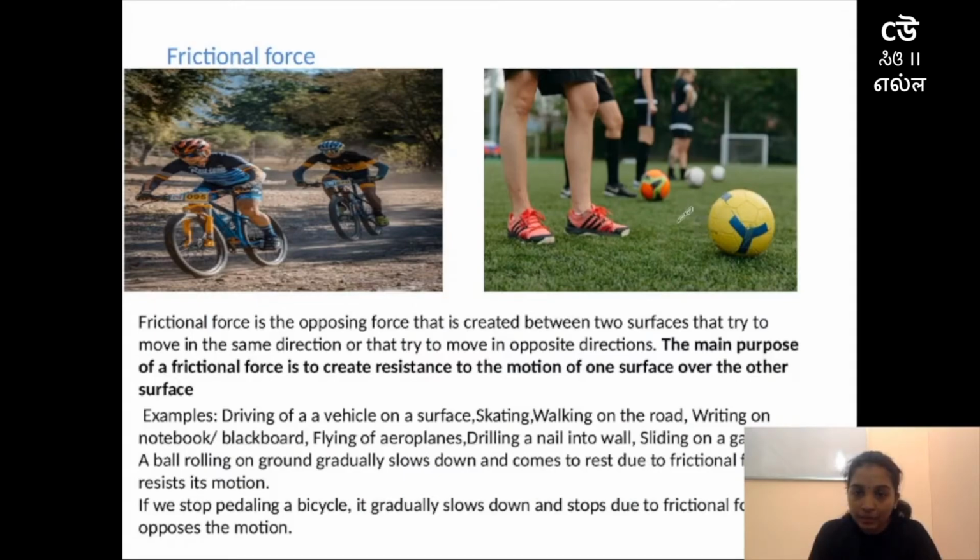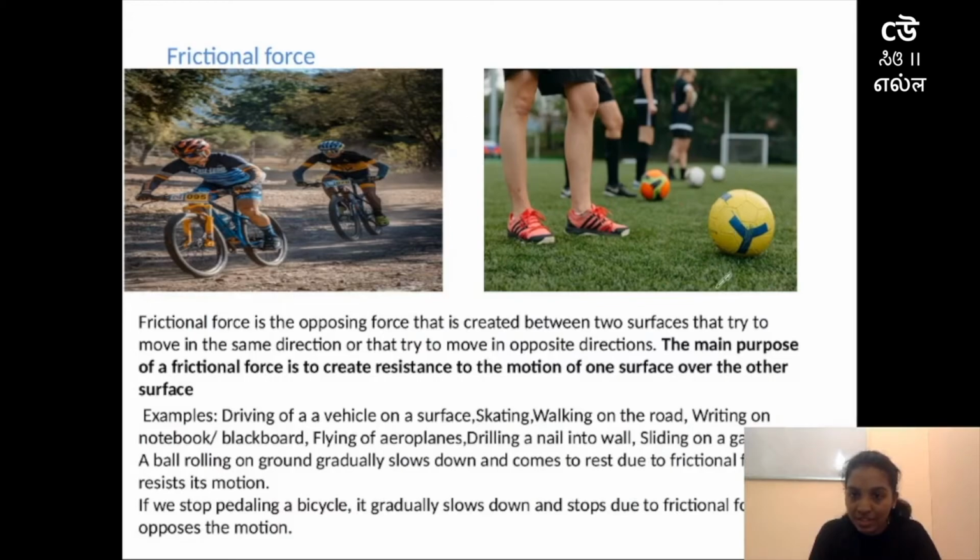What happens when this person kicks the ball? His legs exert force, and that force helps move the ball. When his leg and the ball are in contact, that is muscular force. And when the ball starts moving, if it is not moved further by any of the teammates, then it will stop. Why does it stop? It is due to frictional force.